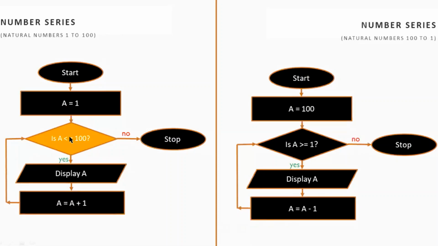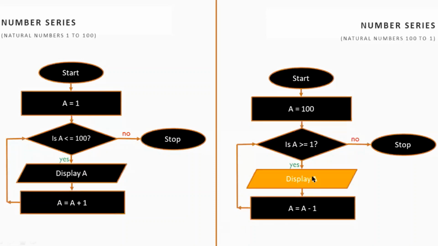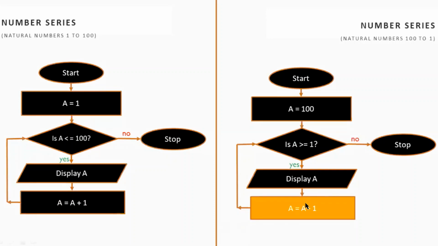Now the condition is changed. To satisfy this condition, the operator over here is less than or equal to, but in the case of natural numbers in descending order, we have to put the operator greater than or equal to. We are displaying the value of A on both sides, and in descending order, we have to decrease the value of A by 1.